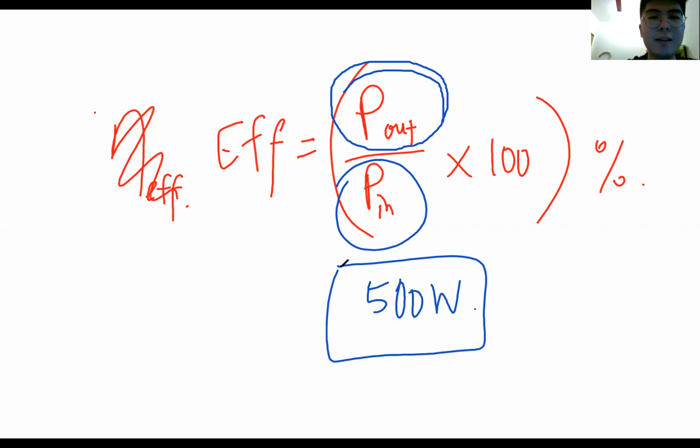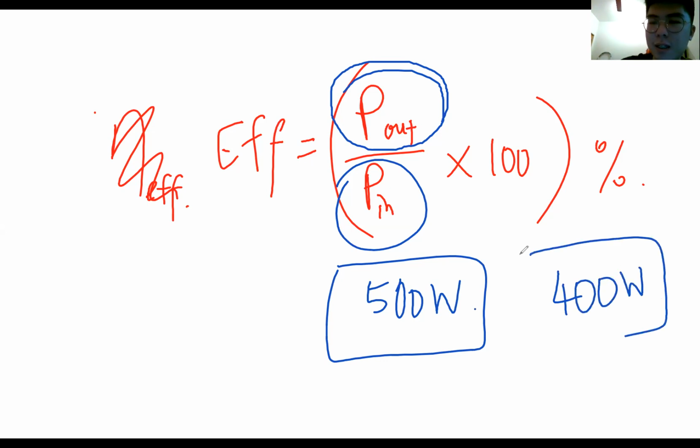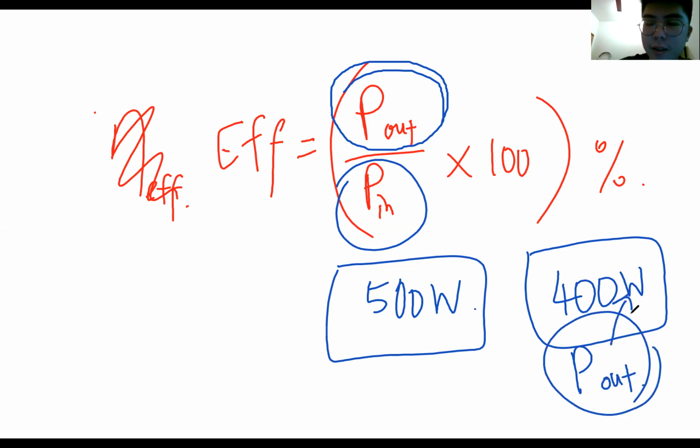But when you plug in the device and start to use it, the power that the device performs is only 400 watt, let's say. It is lower than the power that it is meant to perform. So power output is the actual power that it performs.